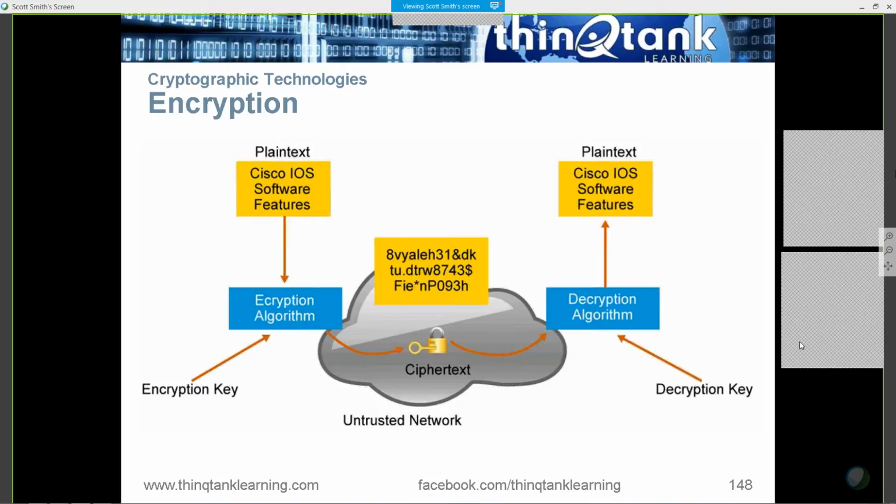We generally would use a private key to encrypt and a public key to decrypt. Or it could be the other way around. You could use a public key to encrypt and a private key to decrypt. It depends on what your goal is. We'll talk about asymmetric encryption algorithms a little bit later on.